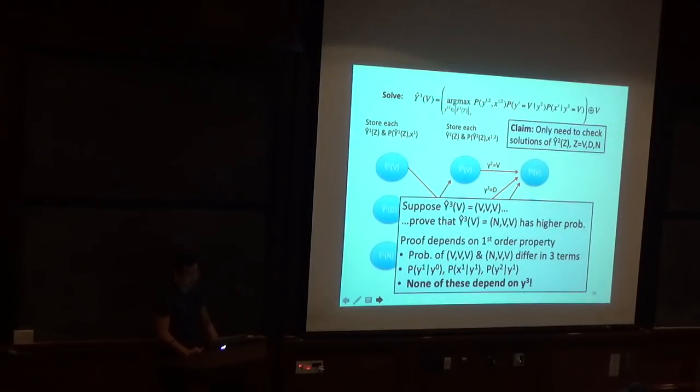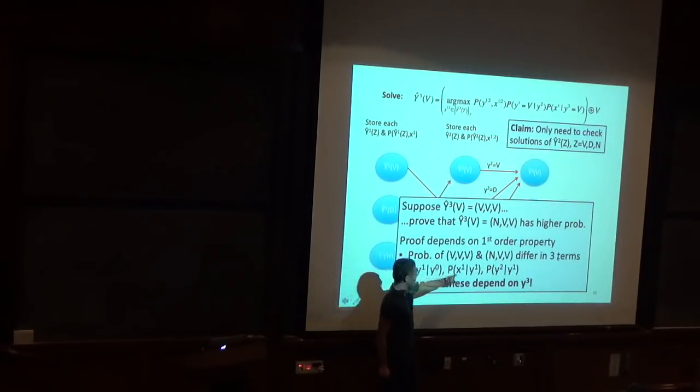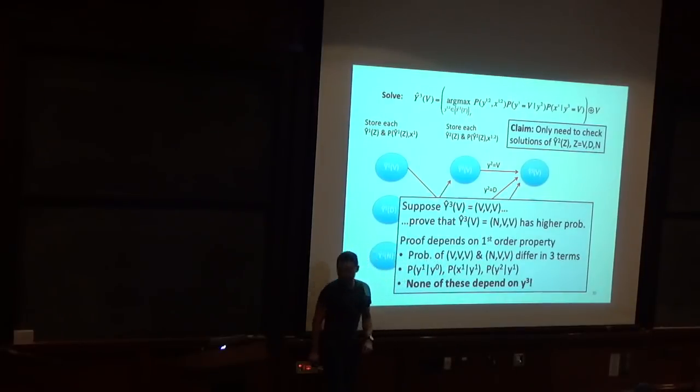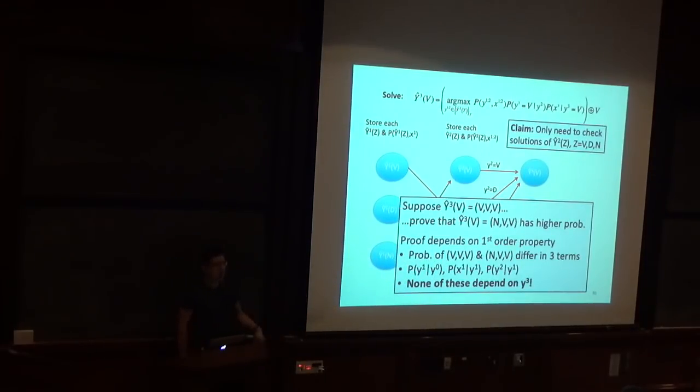Then, by the hidden Markov model assumption, the probability of verb, and noun, verb differ in exactly 3 terms. They differ in this guy, and this guy. None of these 3 terms depend on Y3. And so if the probability of verb was higher than the probability of noun, verb, it would have been the solution for the length 2 prefix.